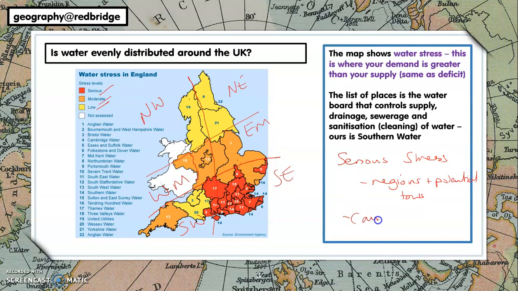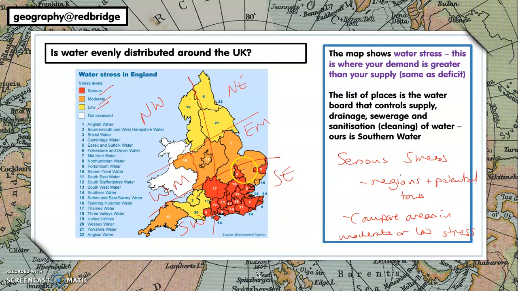Compare it. Areas in moderate or low stress. Now, the key part of this is to use these regions. If you can regionalise your geography of England, then you would end up getting 4 marks for it.